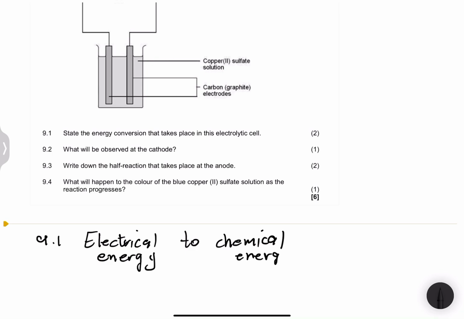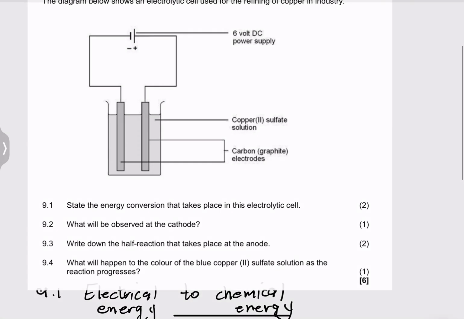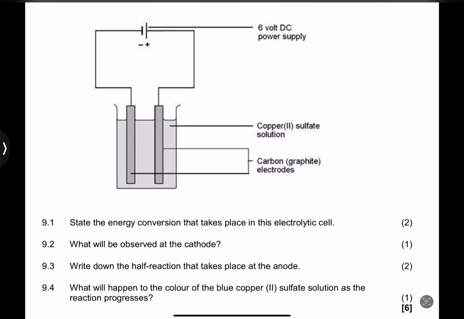So 9.2, they said what will be observed at the cathode. Now let's just have a look at this cell quickly. So you've got the negative side that would obviously make this electrode negative.